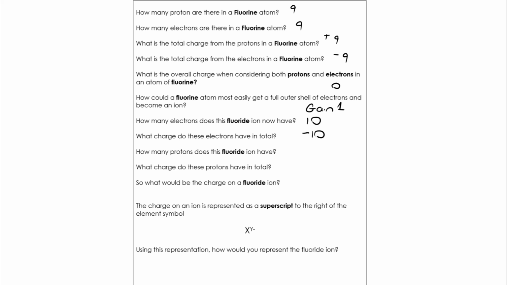That means it now has 10 electrons with a total charge of -10. It has 9 protons still with a total charge of +9. So my overall charge of my -10 and +9 comes to -1. And so I'd write it as F-. I have written the 1 on there. It's acceptable to do, but it's not necessary.